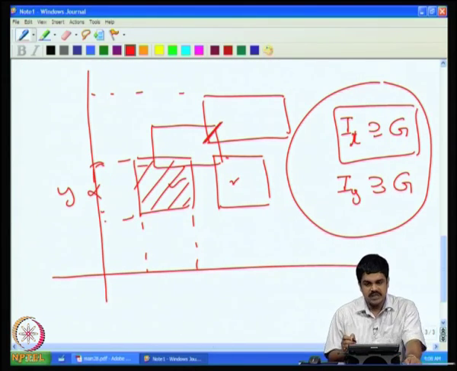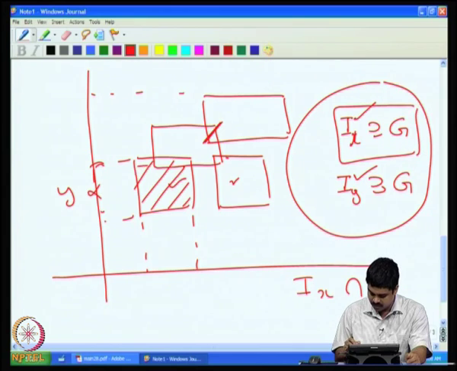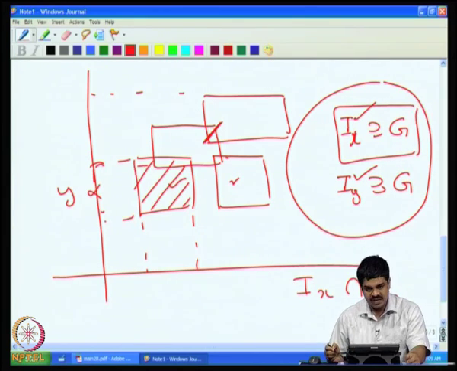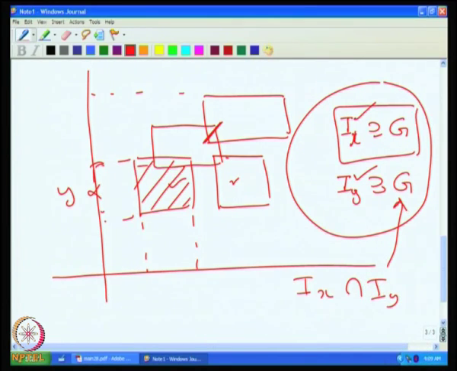But the crucial property is that if you take the intersection of these two interval graphs that we created, that means Ix intersection Iy, meaning the intersection of the edge sets, we will get back the edge set of the original graph, because it is not possible for two non-intersecting rectangles to have intersection in both their projections.